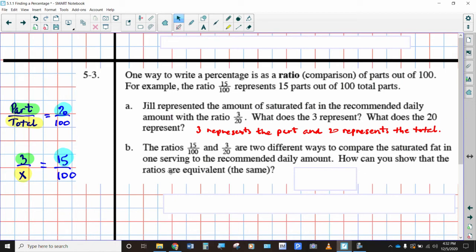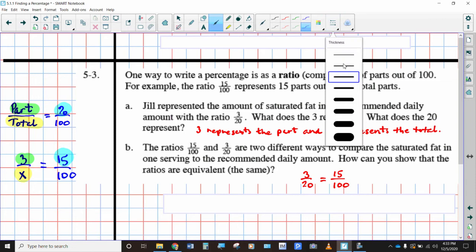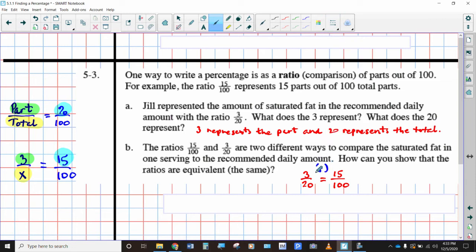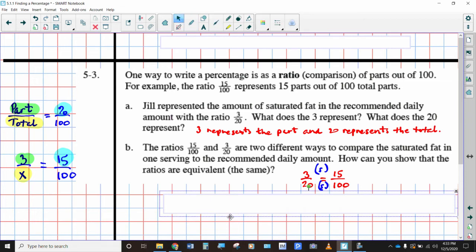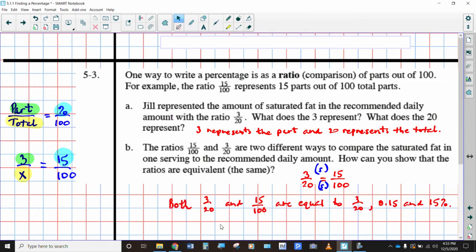How can you show that these are equivalent ratios? Well, we know that 3 over 20 is equivalent to 15 over 100 because when you multiply 3 times 5, you get 15, and 20 times 5 gives you 100. So just by using your giant 1, you prove that they're equivalent to each other. But you could also convert those numbers to decimals and to percents.